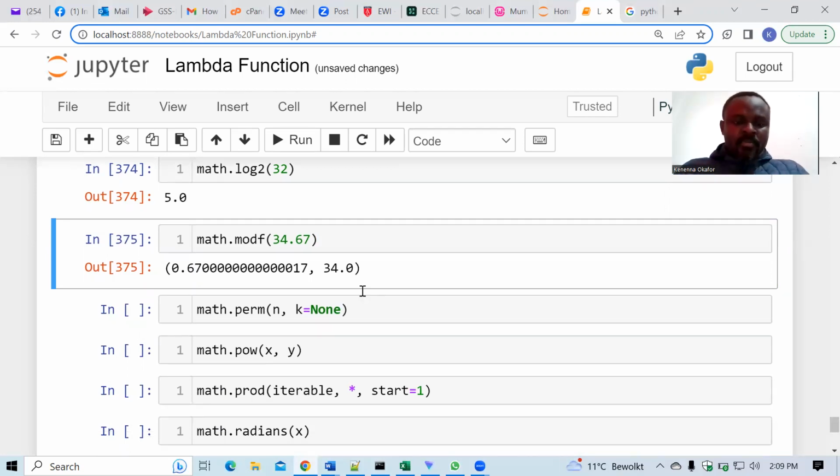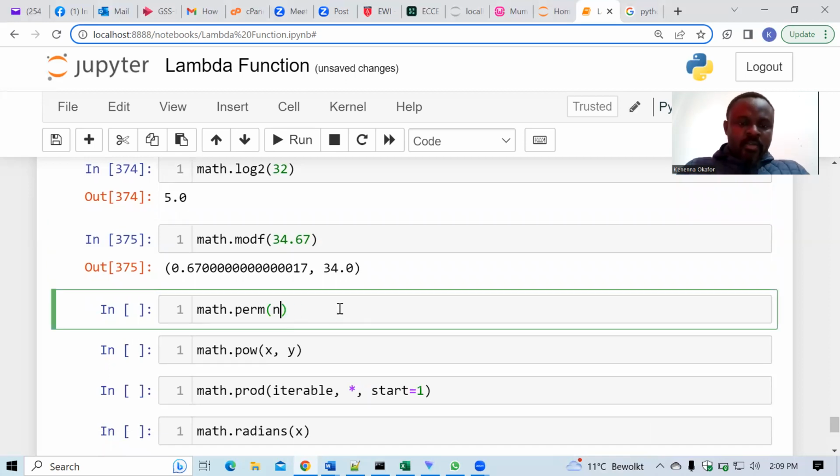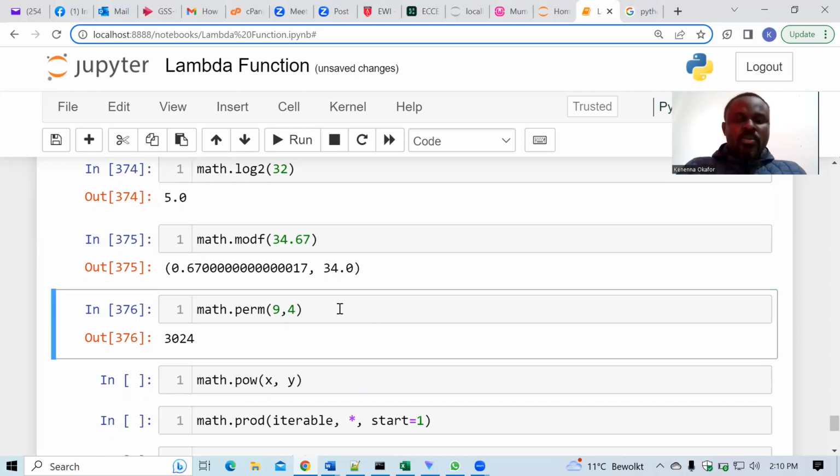So let's see, still having two arguments there, for example, I can say 9 and 4. So you see that I have 3,204 ways of taking 4 items without repetition out of 9, right? And these items are ordered.